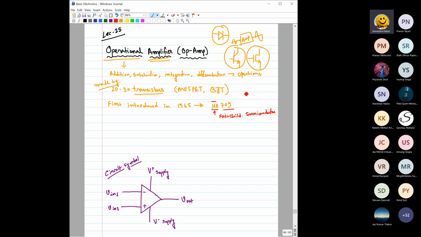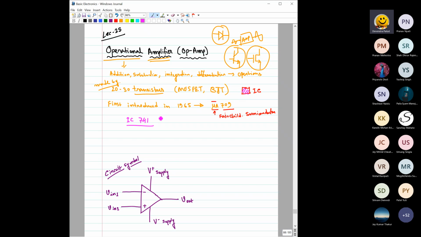So 20 to 30 transistors have been packed in a single integrated circuit, and this op-amp is available only in the form of an IC. In your laboratory, the most commonly used op-amp would be 741. Some people say IC 741, because the transistors are packed inside an integrated circuit.